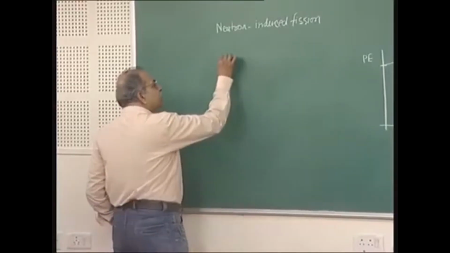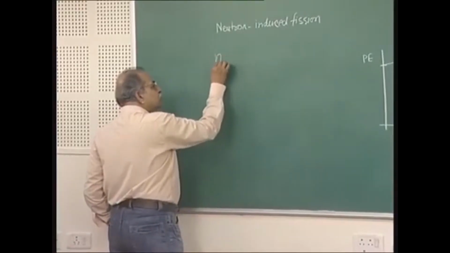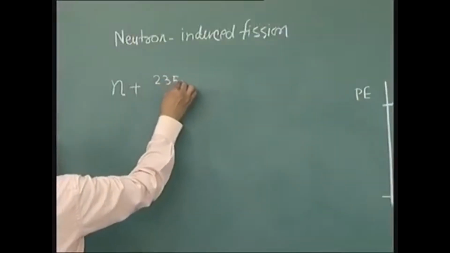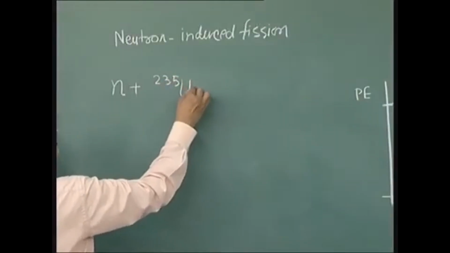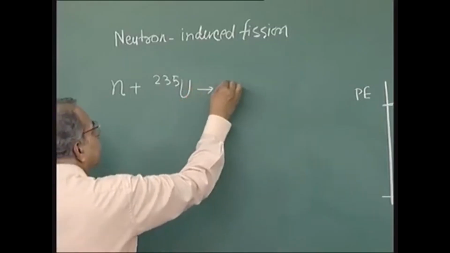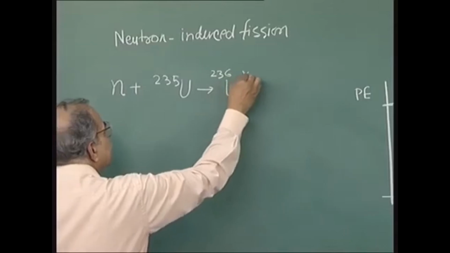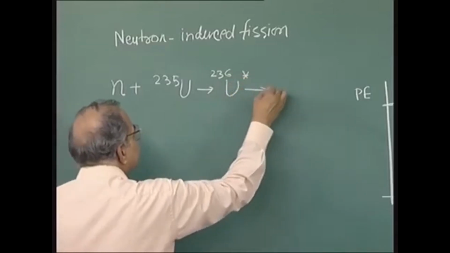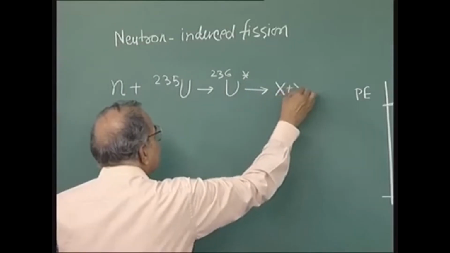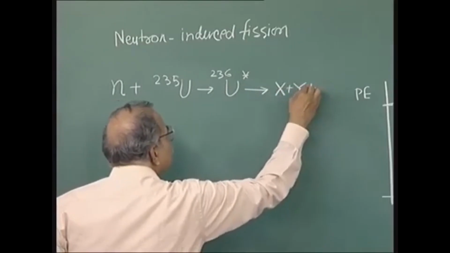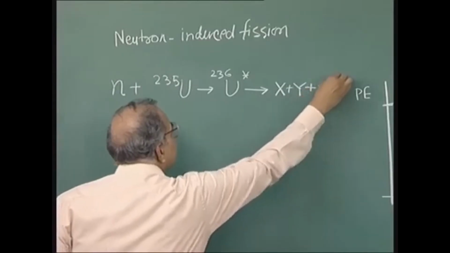And here, if I take the example of uranium, the neutron going to uranium-235 makes uranium-236 in an excited state, and that decays into two fragments x plus y and certain neutrons, 1 or 2 neutrons. So, let me write it neutron.